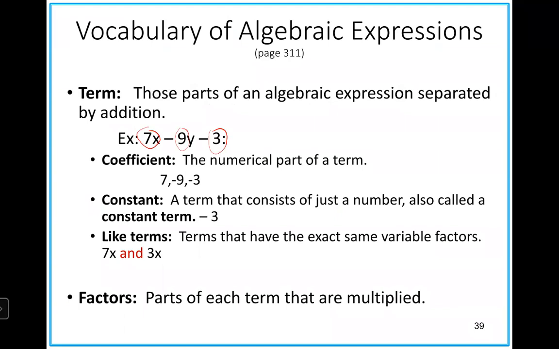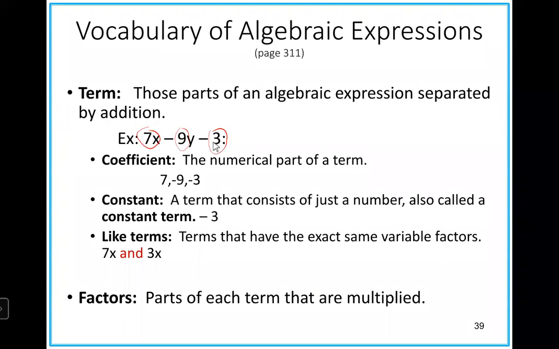Those parts of the algebraic expression separated by addition or subtraction are called terms. And then the numbers in front of each term are called coefficients. So in this case, the coefficient for the first one here is 7. Coefficient for this one is, well, they treat the negative as a sign here, so it's -9.